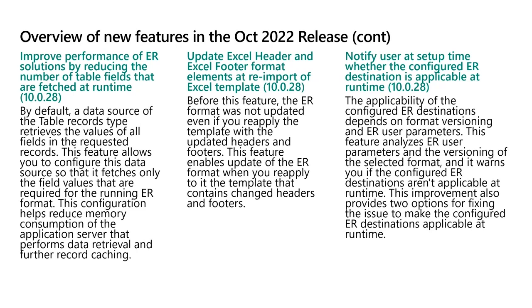So what we did now is we actually analyze the setup when you do the ER destination settings, and just warn you that in this setting, this ER destination would not be executed, and immediately ask you if you want to fix it. And if you want, we would fix it for you.